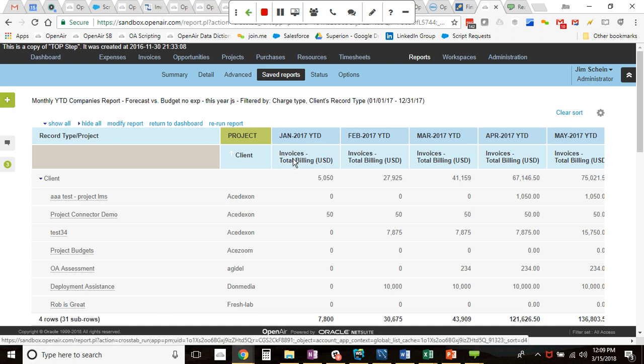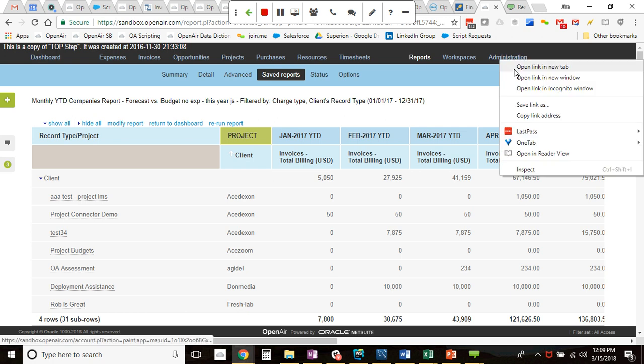Well, what is that? Invoices total billing is a combination of past data with future data. Our invoices and our bookings. Let me show you the custom calculation that goes into building that particular metric.